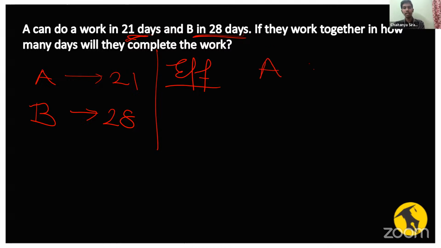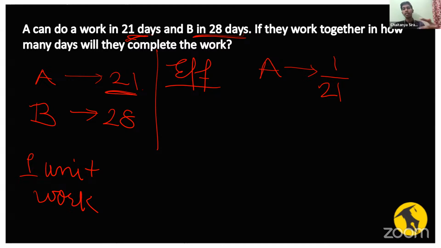Efficiency of A is nothing but 1 upon 21. You simply take a reciprocal of it. Let's say they have to do 1 unit of work, whatever it might be. So A takes 21 days, so he does 1 by 21st of the work in one day. Similarly, B does 1 by 28th of the work in one day.